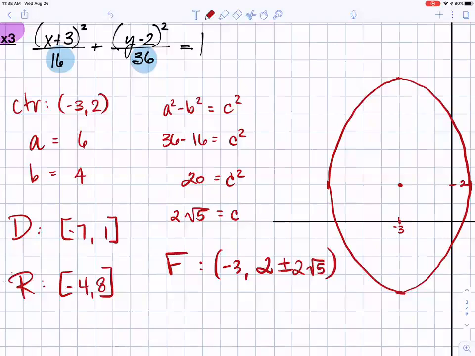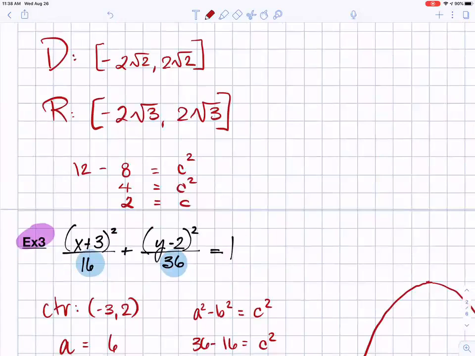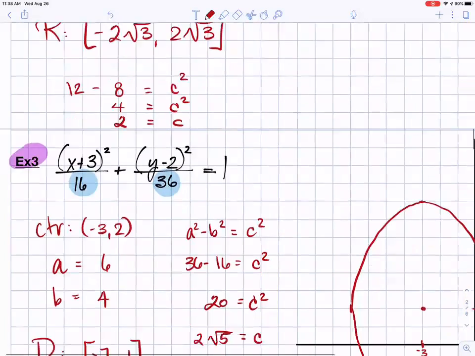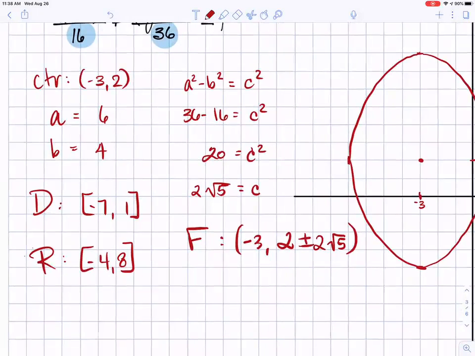Now, let me say one more thing here before I move on. If my C value, remember on the last question, my C value was pretty, if my C value is pretty, don't you dare write 2 plus or minus 2. They're like terms. You can add and subtract them.